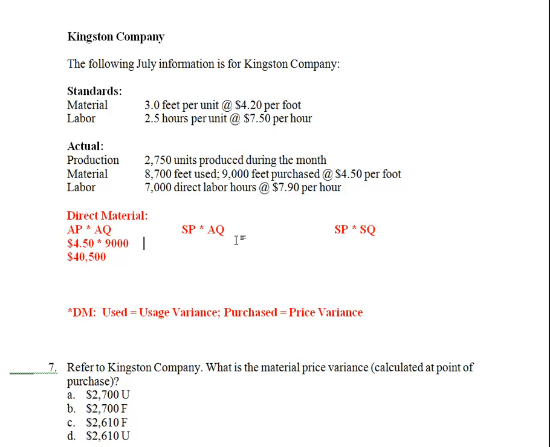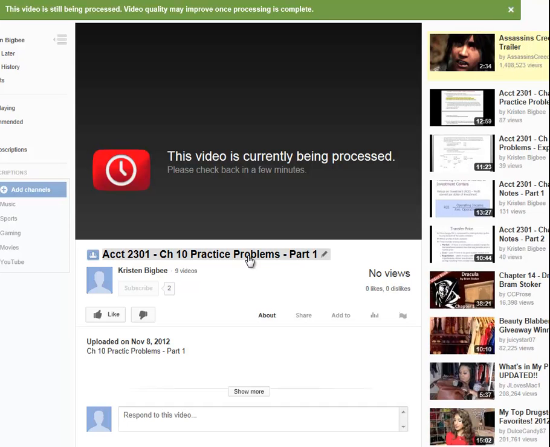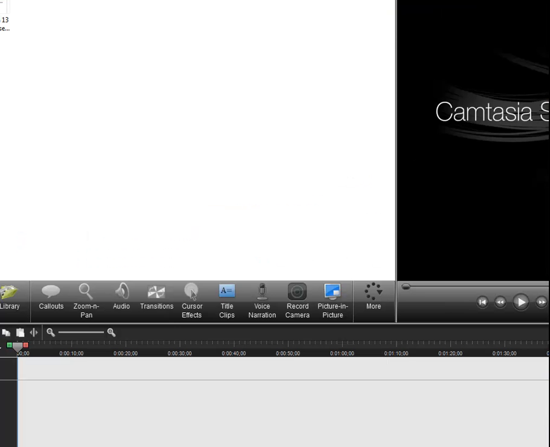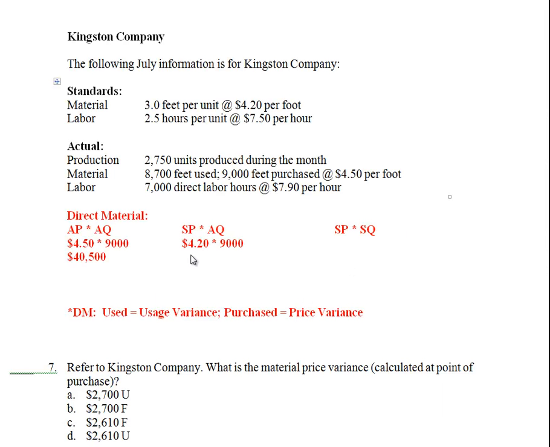Then we want to fill in column number 2. We want the standard price. How much did we think we were going to have to pay for that material? We come up here to the standard and it says that we should have paid $4.20. We actually purchased 9,000, so if we do 4.20 times 9,000, that's going to give you $37,800.